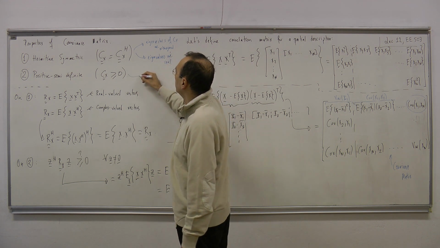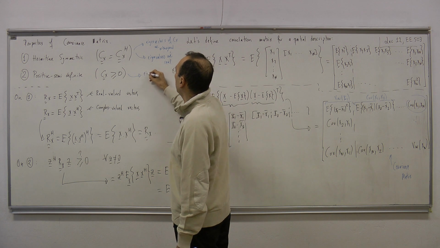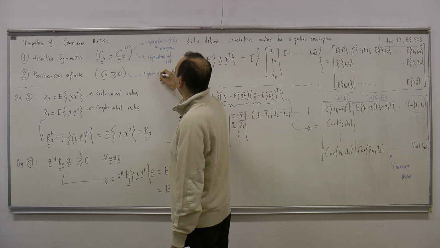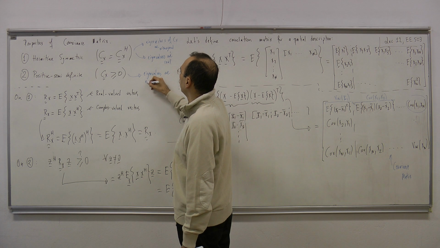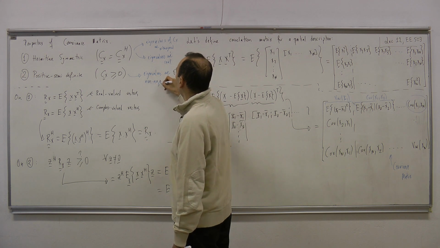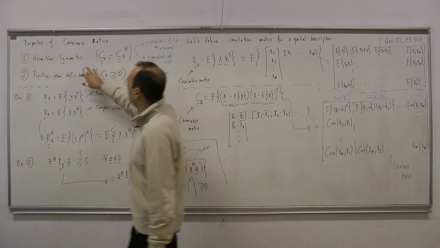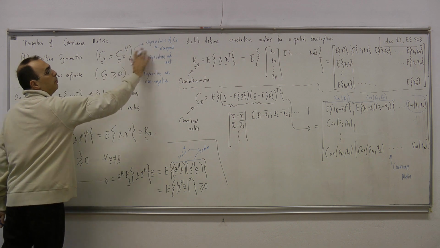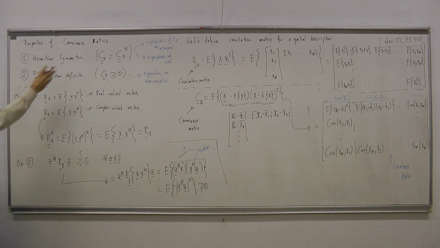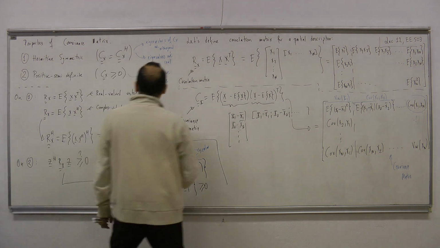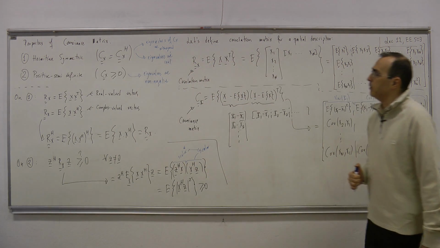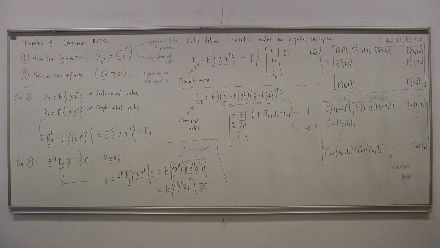How about this one? This one says that eigenvalues are non-negative. So because of these properties, I have these other blue properties also, but they are implications of these. Of course, they are equivalent, but these are the general properties, positive semi-definiteness, and so on.